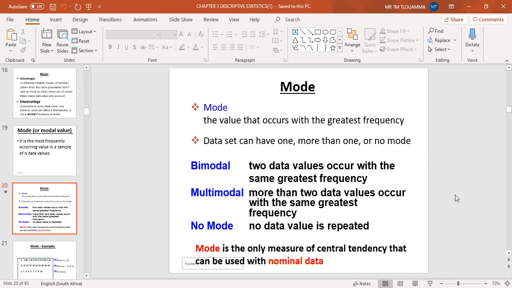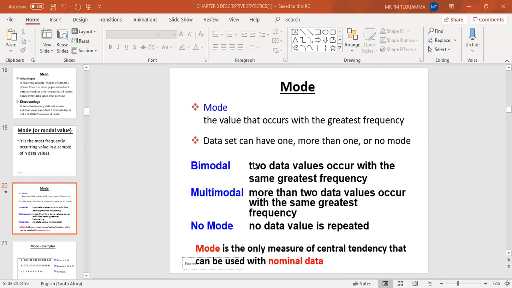But with grouped data, we check where we're having the greatest frequency value. If we have the highest frequency, that tells us this is our mode. Okay, so they are divided into 3 parts.